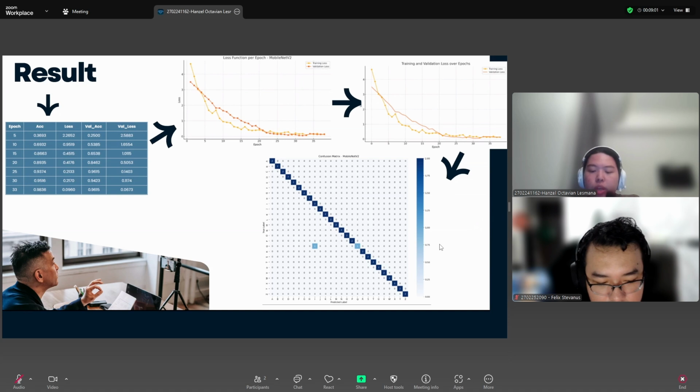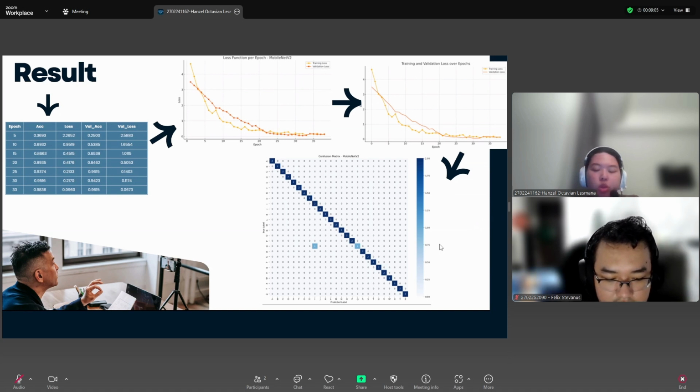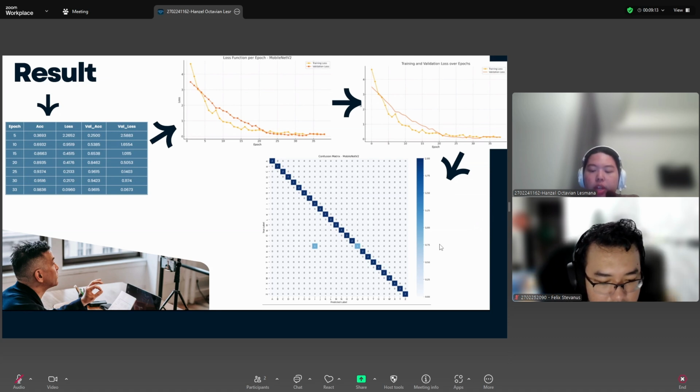And we can see the training loss drop sharply from 2.2 to 0.09. Okay, and the last one is validation loss, which decreased from 2.5 to 0.06. Okay, we can see the second table is loss function per epoch.